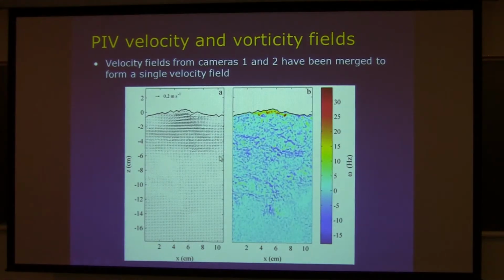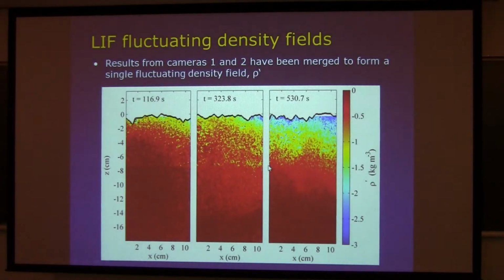But what that actually looks like is that when you do that, combining field of views 1 and 2, we could assemble a velocity field shown here on the left, and about 1/64, I think, of the velocity measurements are actually shown on that plot, because I think I'm showing one of every 8 in each direction. Its corresponding vorticity measurement is shown on the right for the PIV measurements.